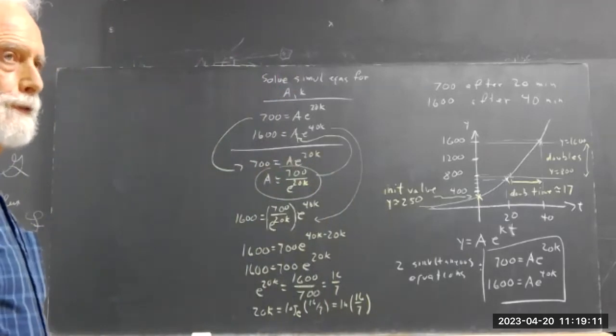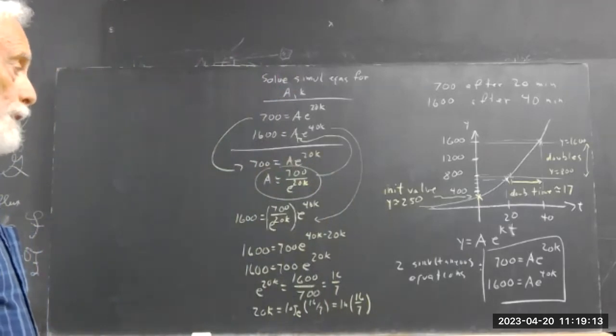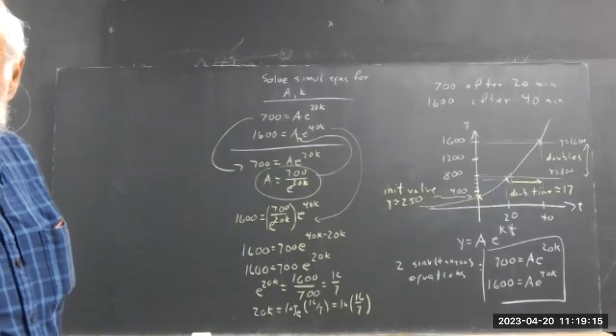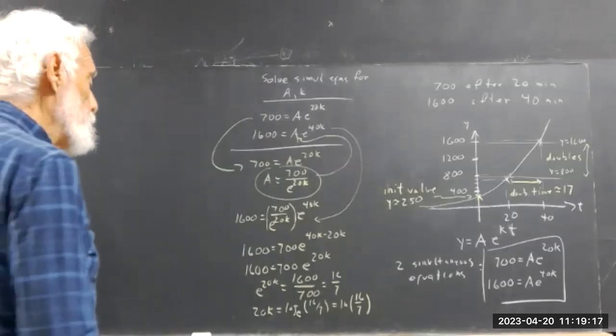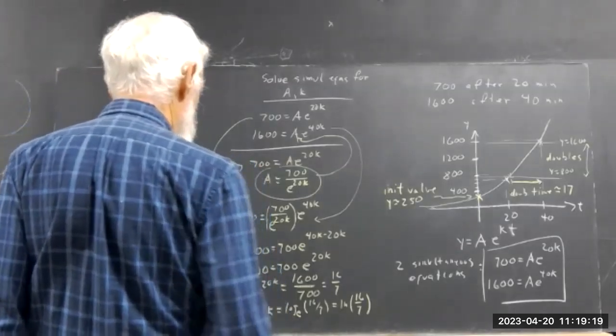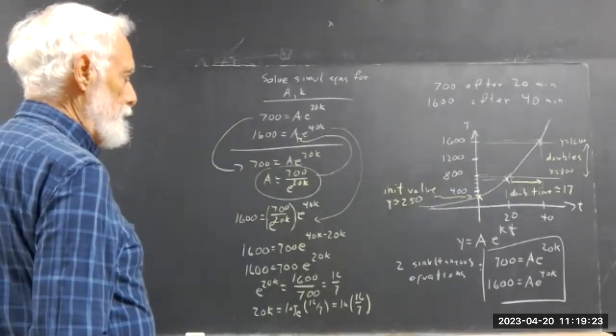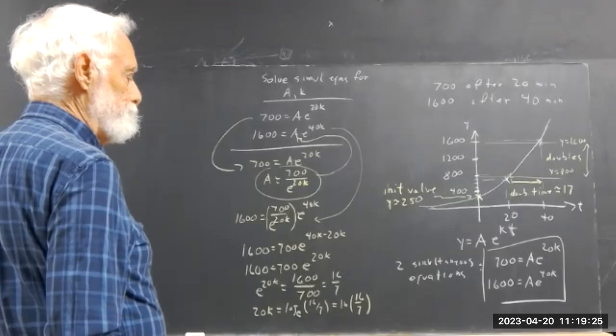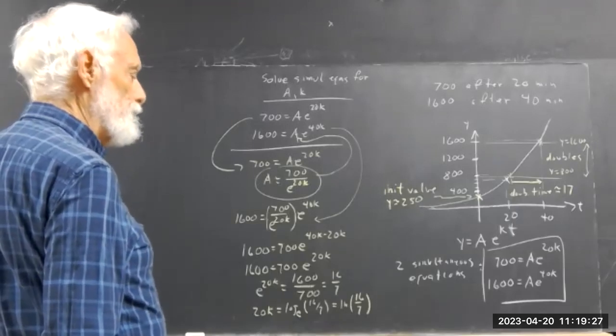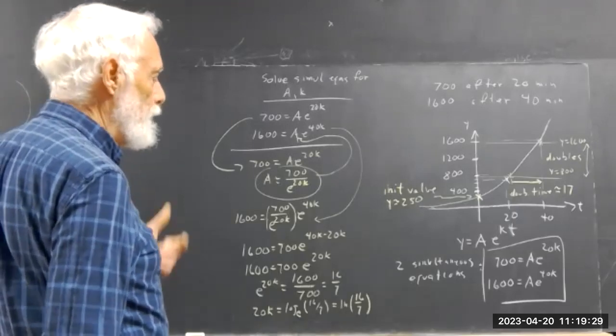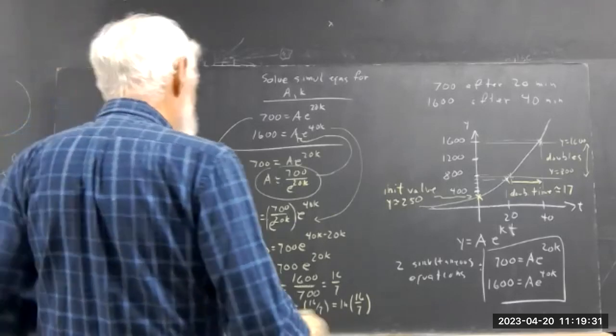And natural log of 16/7 could be pretty close to 1/2. So we're going to say that's approximately 1/2. It's a little more, a little less. Let's see, 16/7 would be pretty close to 1.7. 1.7 is pretty close to the square root of e. I'm going to say it's 0.5.